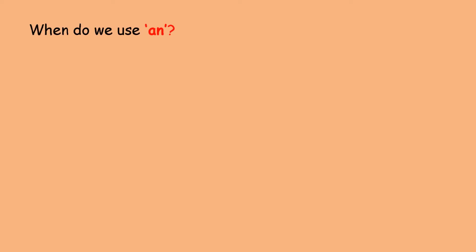And now let's look at an. When do we use an? This is the same as a. We use an for singular nouns, except, this is very important, we use an for words that start with vowels: A, E, I, O, or U. Let me show you some examples.